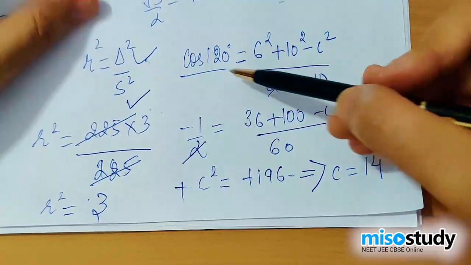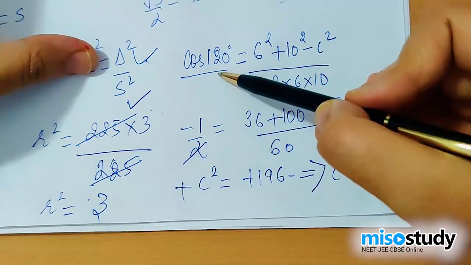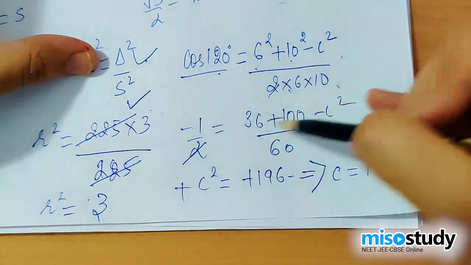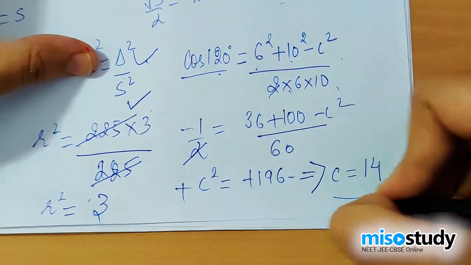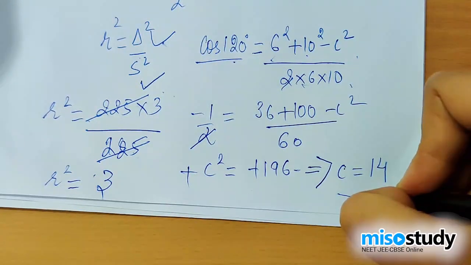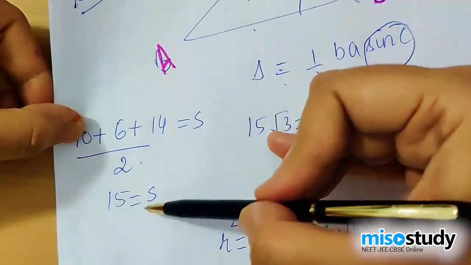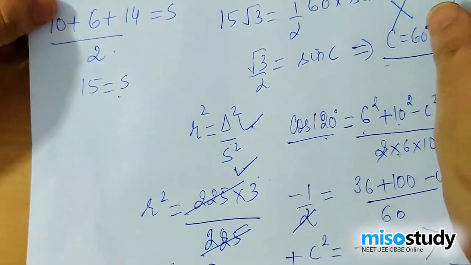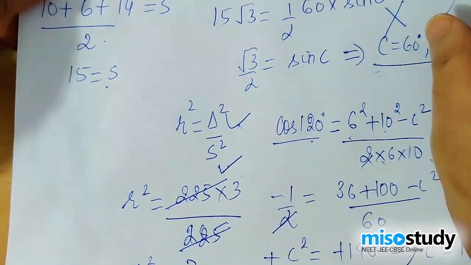So cos C is (a square plus b square minus c square) upon 2ab. Evaluating, I was able to find out c is equal to 14. So once I know c, I can now find out the semi-perimeter, put the values in the desired formula and get my job done. Alright, I hope you're clear with this question.